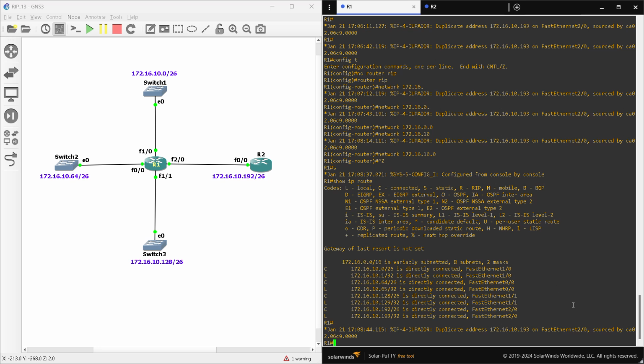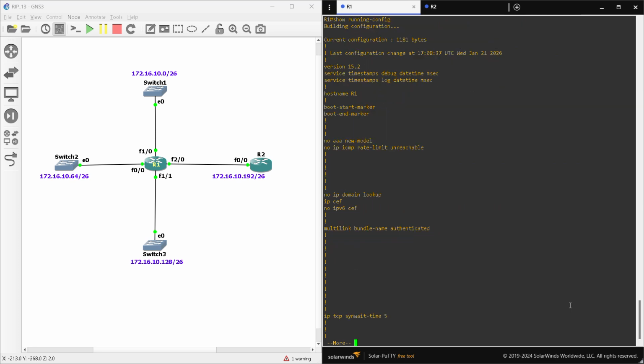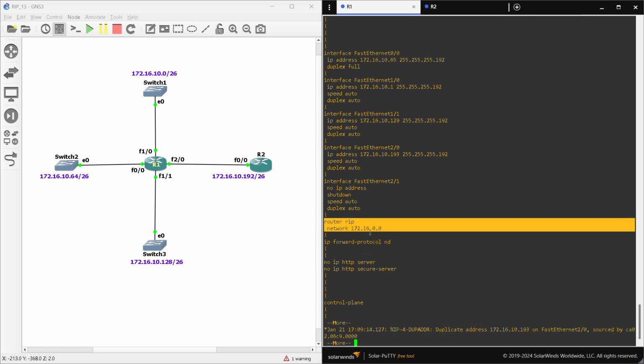And to confirm, we'll see it in show running-configuration. As you can see here, we inputted two, but the major one got selected or displayed: network 172.16.0.0 instead of 172.16.10.0, right?